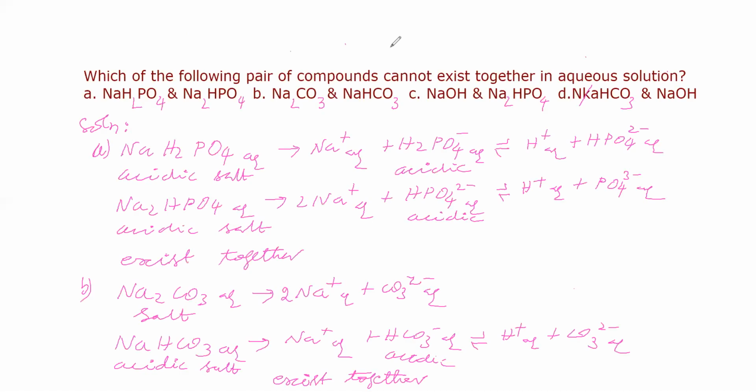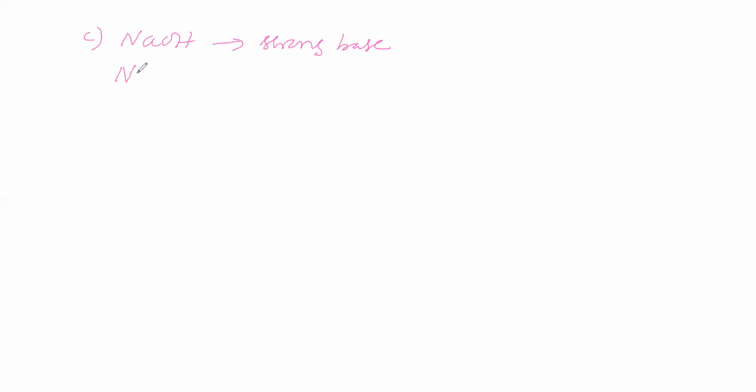In option C, sodium hydroxide is given, which is a strong base. The other compound in option C is disodium hydrogen phosphate.